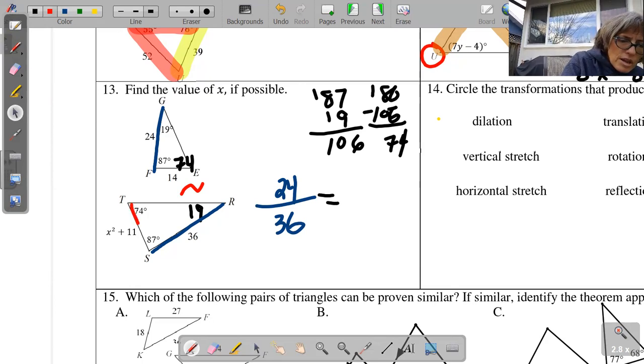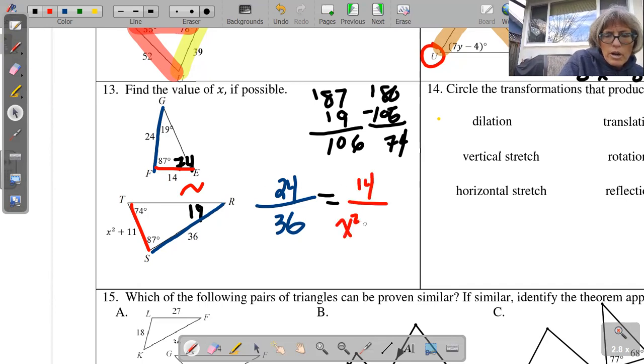And this is 74, 87, top to bottom. I'm going to have 14 over x squared plus 11. You cross multiply. I get 24 parentheses x squared plus 11.